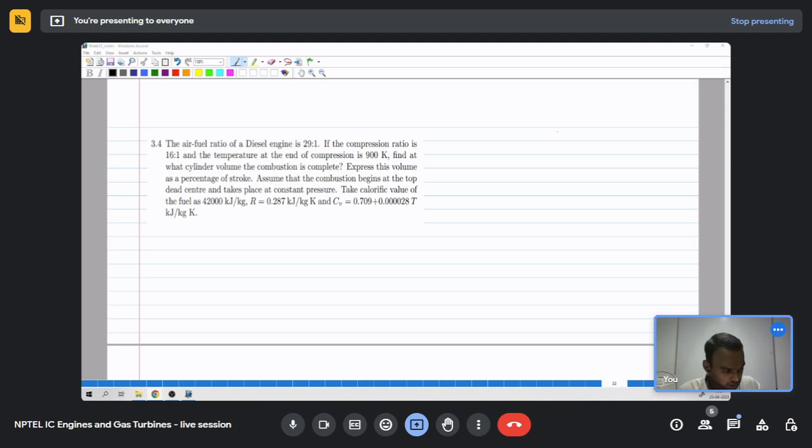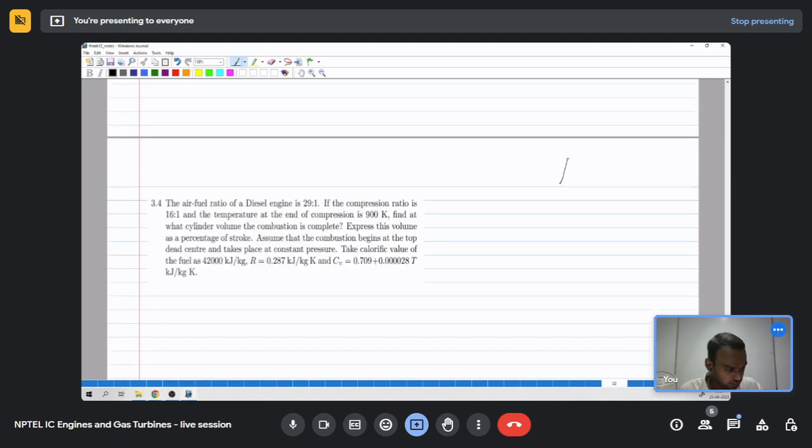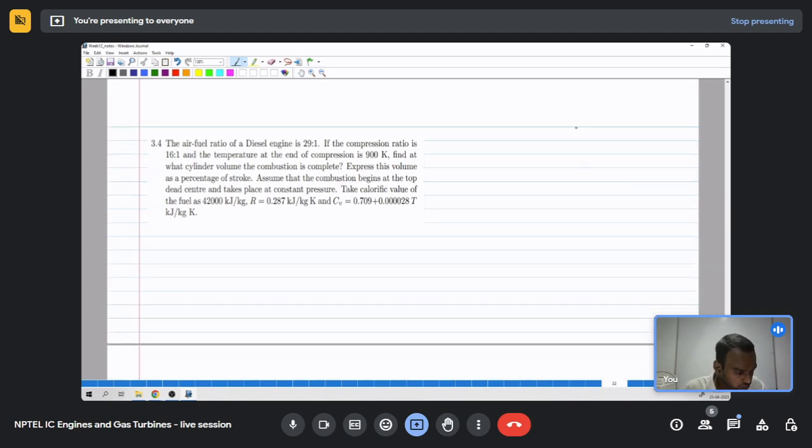So they are mentioning a cycle like a diesel cycle, where you have compression and combustion happens at constant pressure, starting from TDC.